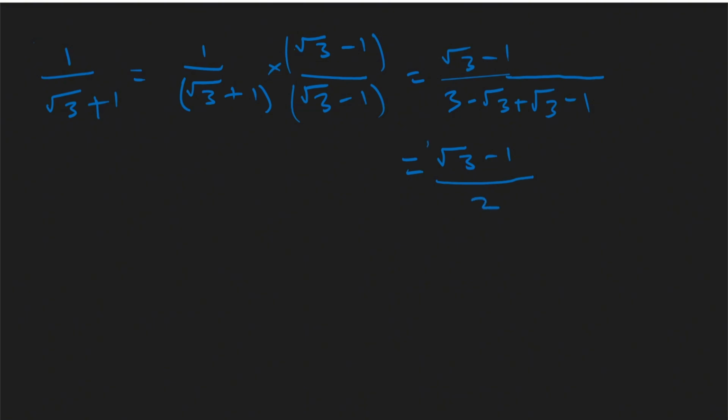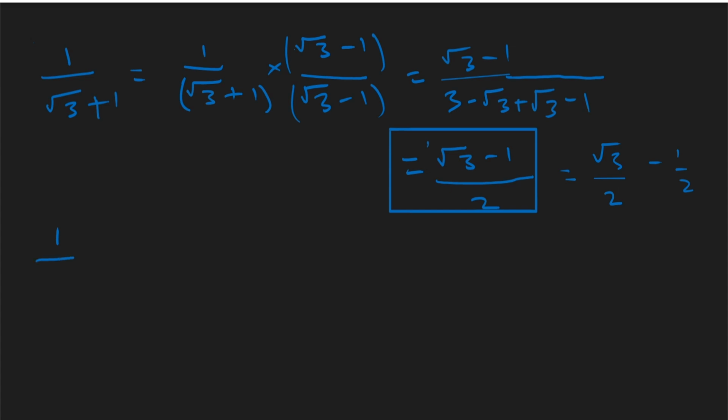That's it. Don't forget, you can also write this as root 3 over 2 minus half. All right. Let's try another one.